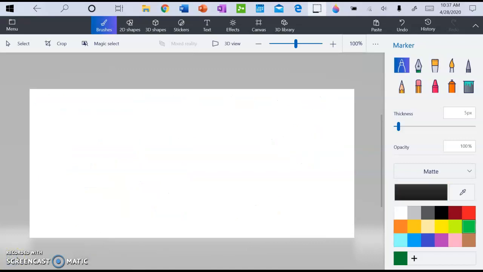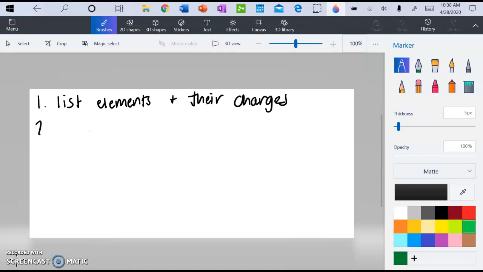So here's the steps to properly predict the product of a combination reaction. Step 1 is list the elements and their charges.